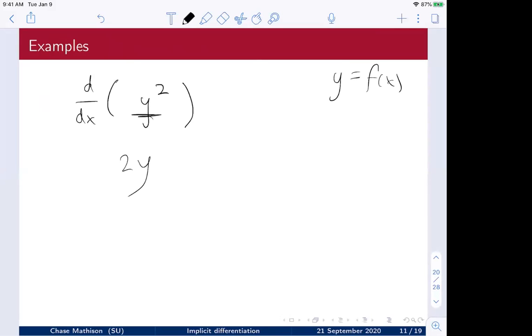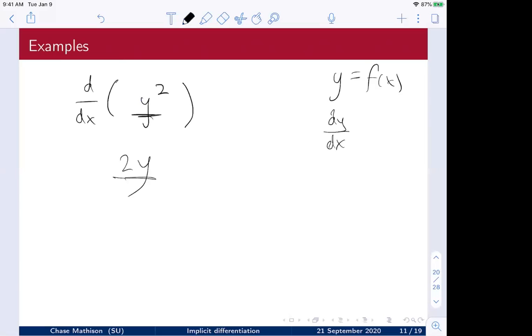So the chain rule says, first pretend that that's just an x, and the outside function is x squared, and you will just get 2 times y for that. But then the chain rule says you need to multiply by the derivative of the inside, and the derivative of the inside is just dy dx.